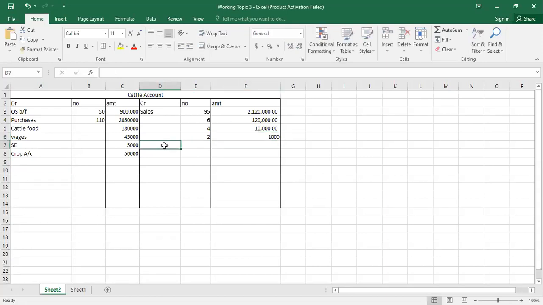What is remaining now is the closing stock figure, isn't it? Because you need to account for the livestock that will be there for the next year of trading. So we've been told that our figure for closing stock, which we had left up there, is 60 cattle, and they are being valued at 1,100,000.